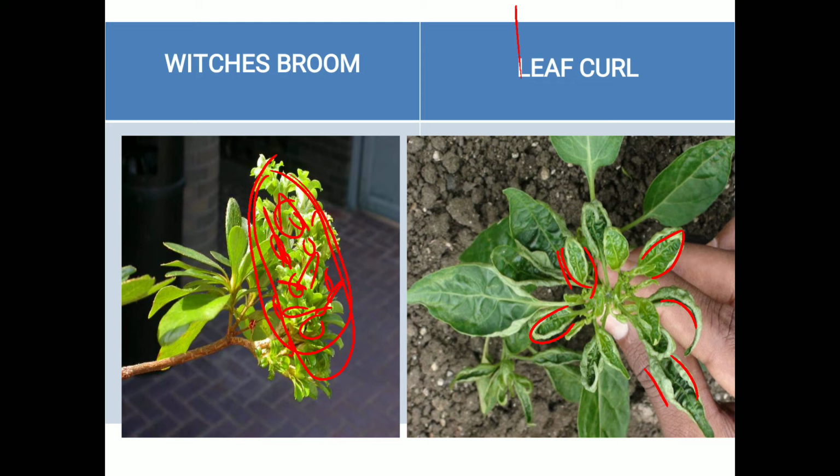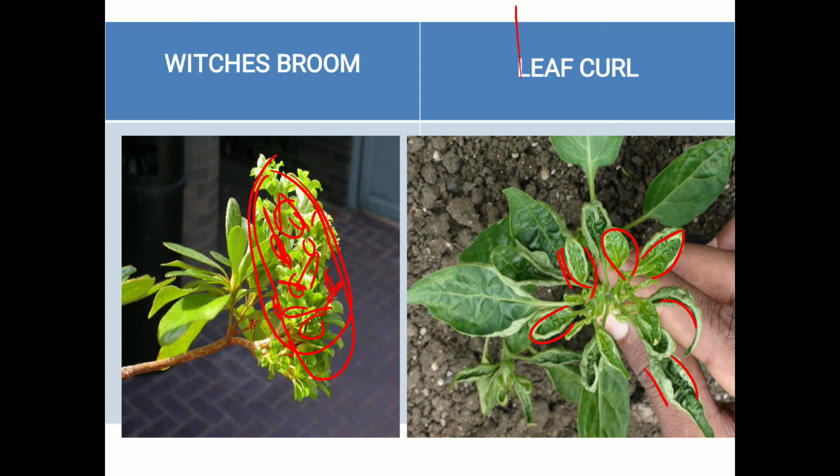Then leaf curl. Due to infection of virus, curling of the leaves takes place, from the downside to the upside. The leaves are curled. This is a viral infection, mostly transmitted by sucking-type insects, for example thrips, mites or whitefly, which are responsible for transmission of leaf curl virus.